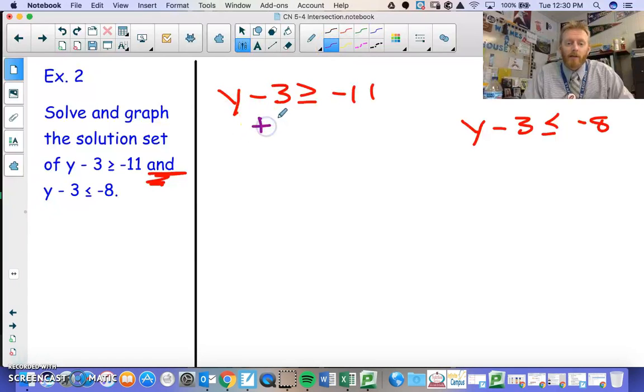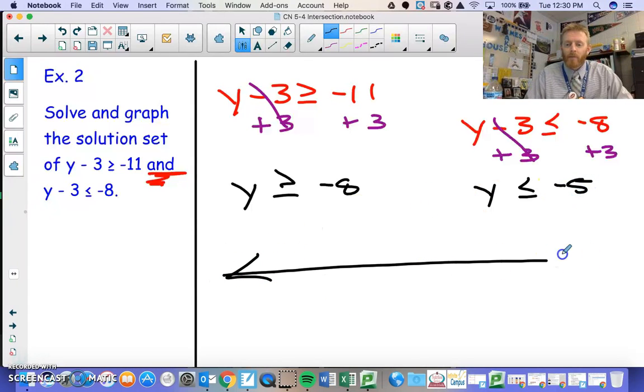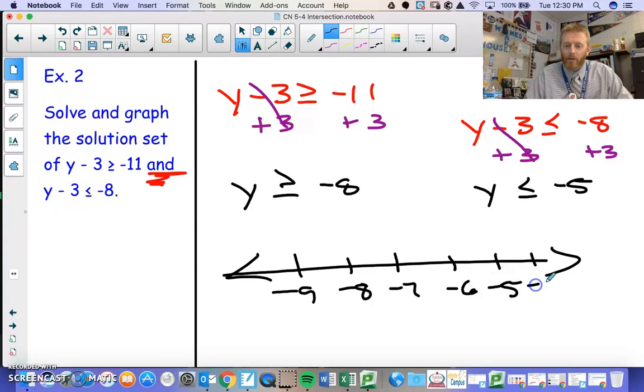So I'm going to do a plus 3 to both sides to get the y by itself. And I'm going to do that for both inequalities right away. And I'm left with y is greater than or equal to a negative 8. And on the second one, y is less than or equal to a negative 5. So my number line goes from negative 9, negative 8, negative 7, negative 6, negative 5, negative 4.